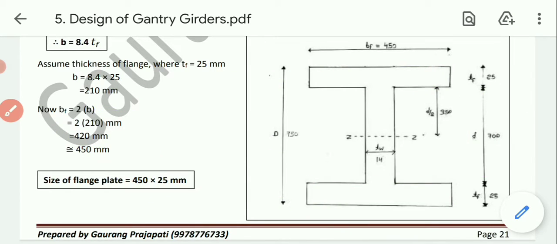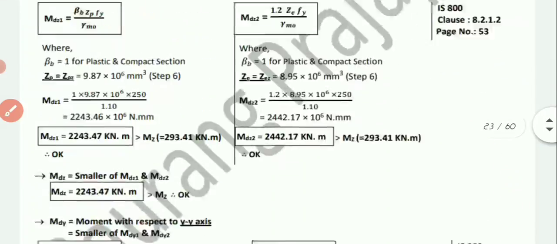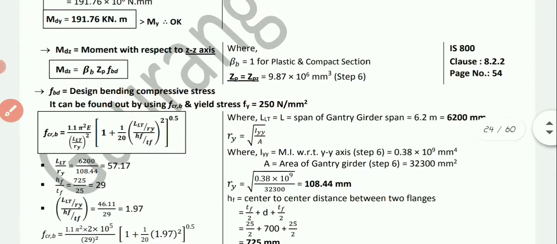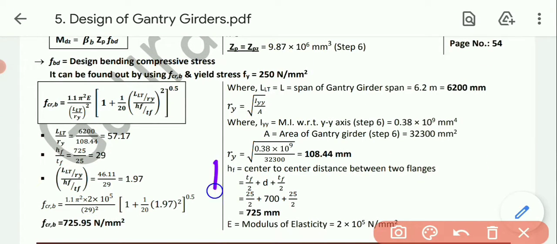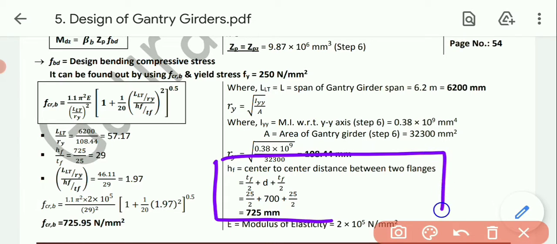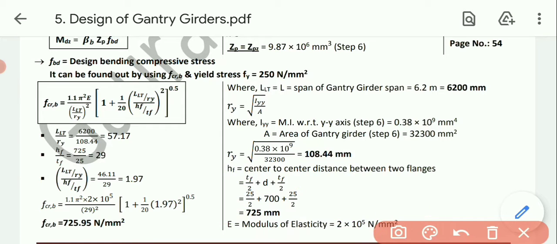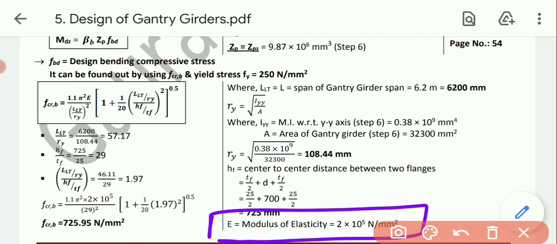Okay, that's the HF, and TF, that is 25. So see, HF, the center to center distance between two flanges, TF by 2 plus D plus TF by 2, so it is 725. Okay, then E, modulus of elasticity, that is 2 into 10 raised to 5, and TF.